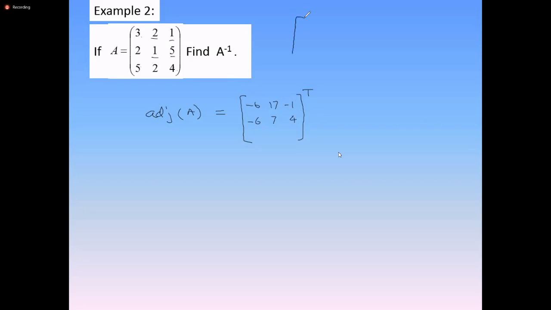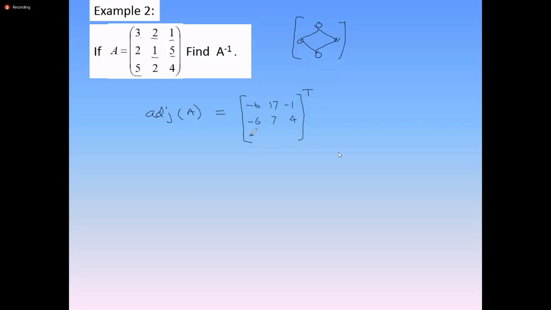Then in the matrix, the sign is changed in this position. Remember this way: this position, this position, in these positions signs are changed. Other positions are the same as the minor, with no change in that cross product. Then go to this 5. Then 2 by 5 minus 1 by 1, 10 minus 1, 9.